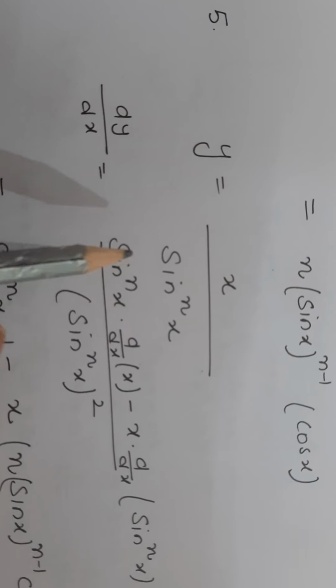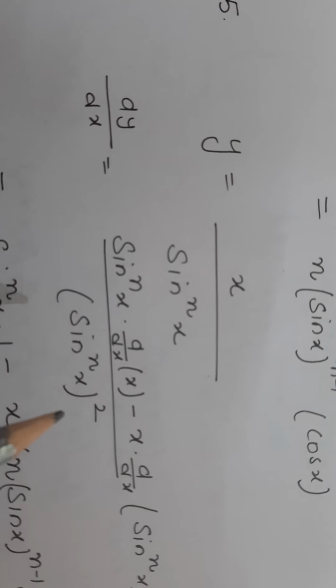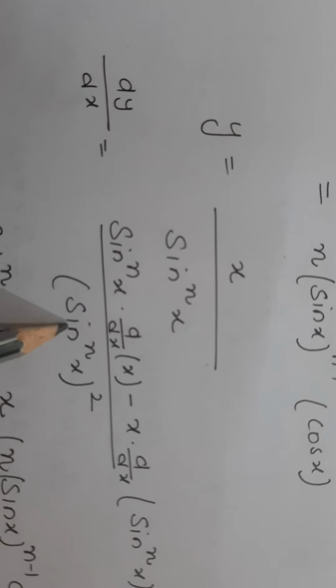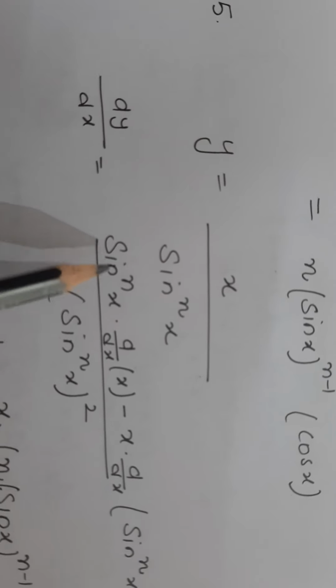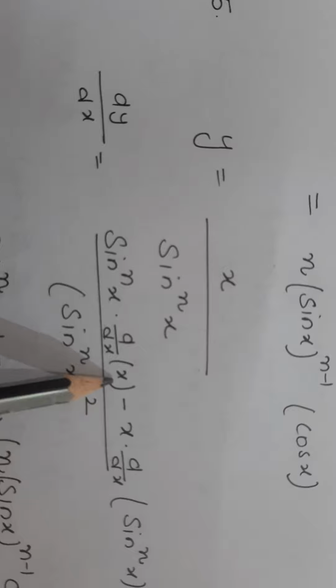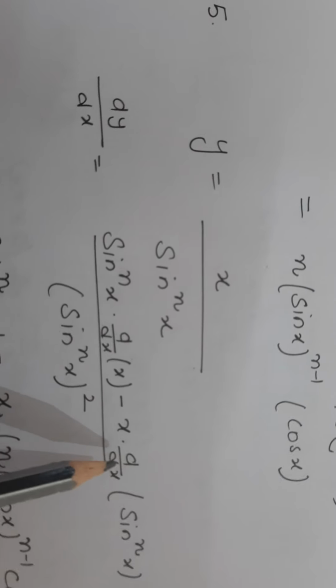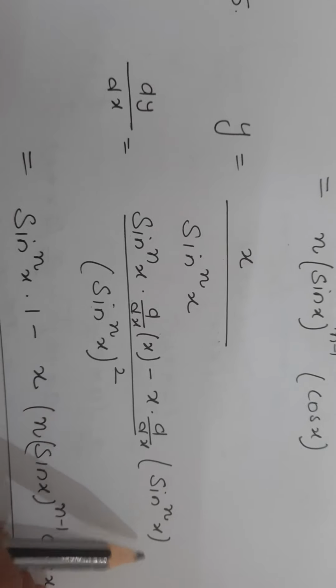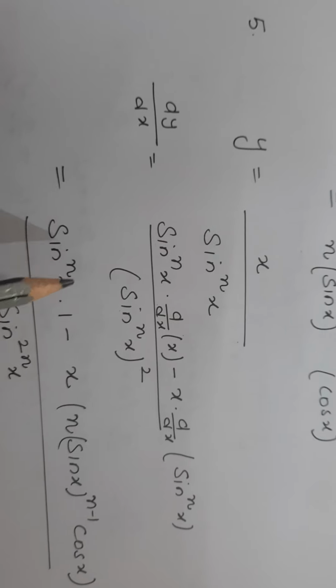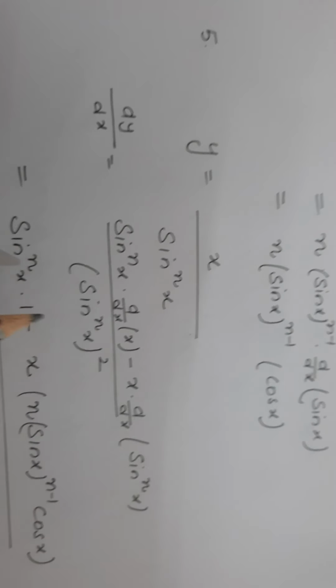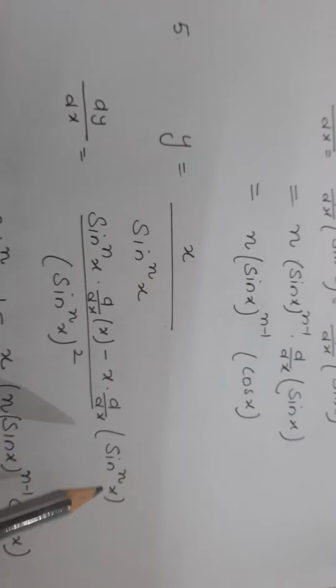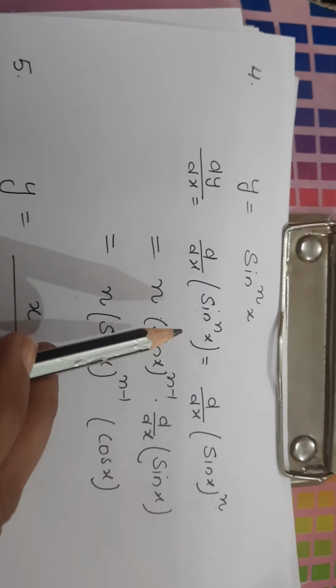Find the derivative of this function. Here you are going to first apply the quotient rule, that is, over the square of the denominator: denominator into the derivative of numerator minus numerator into the derivative of denominator. So this is (sin x)^n into the derivative of x, which is 1, minus x into, you have evaluated its derivative in the previous question.